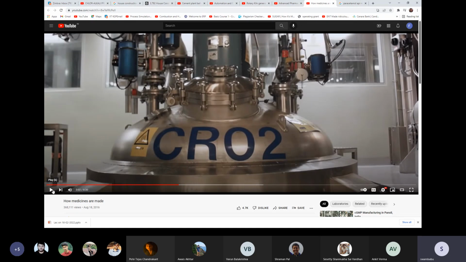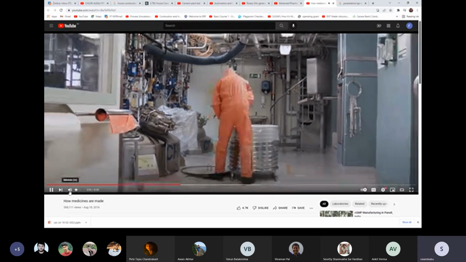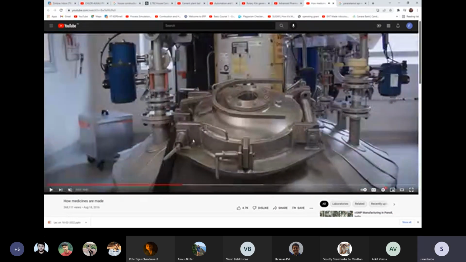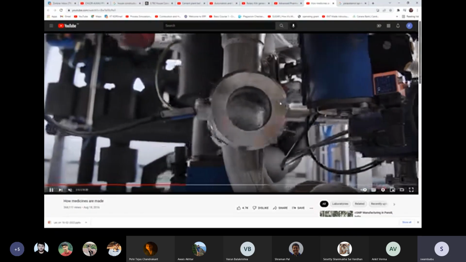This is the typical batch reactor, and you can see it's a huge reactor, almost like, if you ever visited our department, one single floor height of that much will be there in one typical batch reactor. So this is the batch reactor with specific temperature and pressure control.